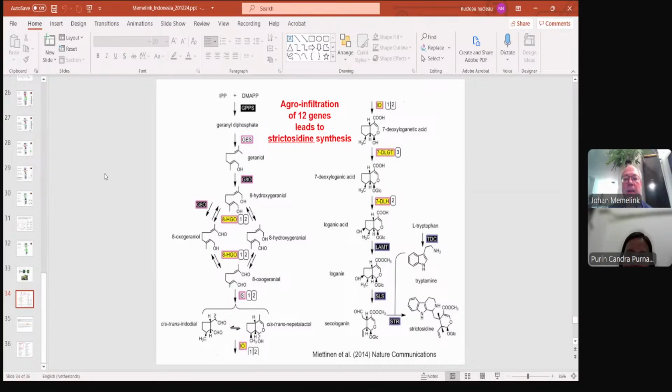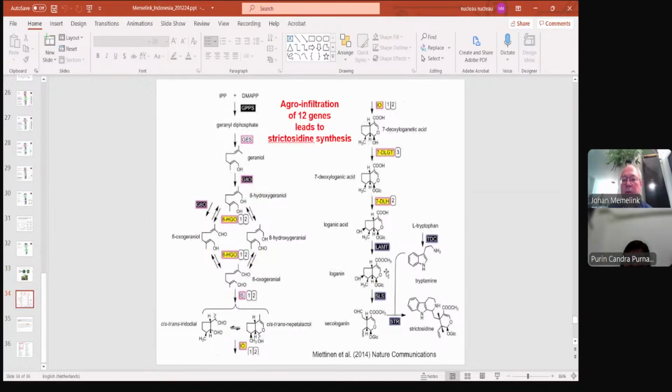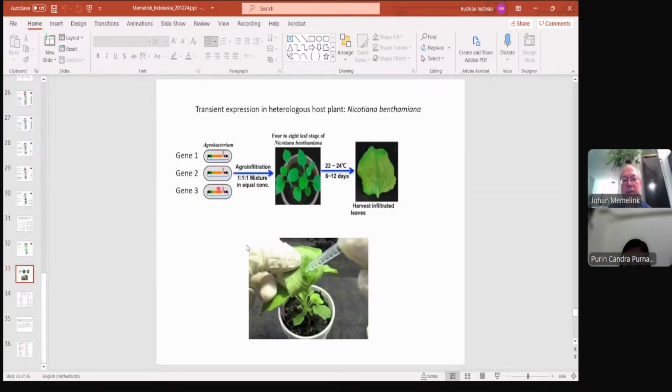Any other question, maybe? What I maybe should add is that this agro-infiltration method has also simplified the analysis of the P450 enzymes. For example, for a particular oxidation step, if you have 10 P450 candidates, you can just introduce them in agrobacterium, mix them, infiltrate them as a mixture, and see whether they can catalyze a certain reaction.